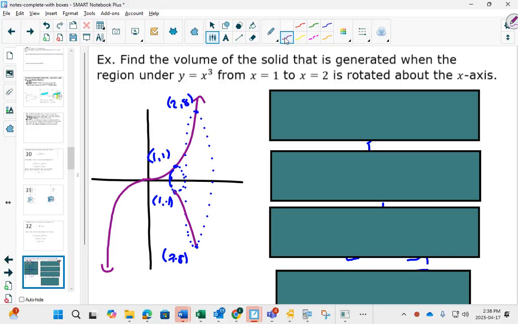How I like to draw these to visualize it best is I take my outside circle right here, draw that, and I shade that in. I'll take out a crayon, pick one color, and shade that circle in. And then I take out a different color.